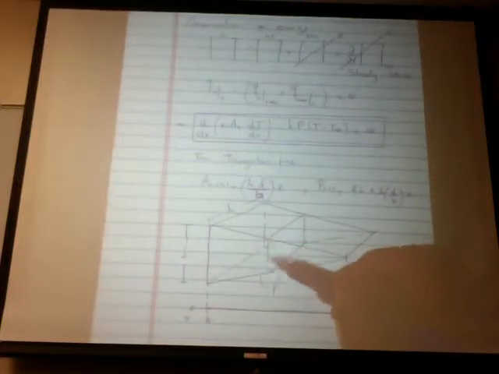That's the perimeter. So as you can see, that's why the perimeter is 2 times L plus 2 times this height, which is a function of x.